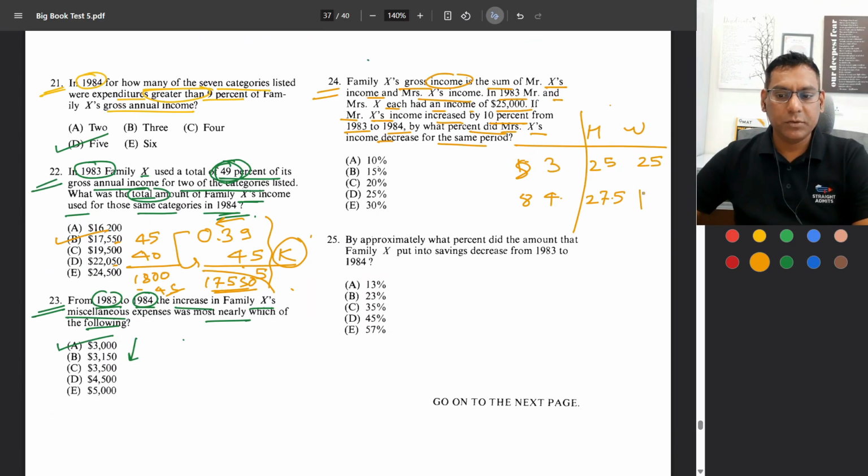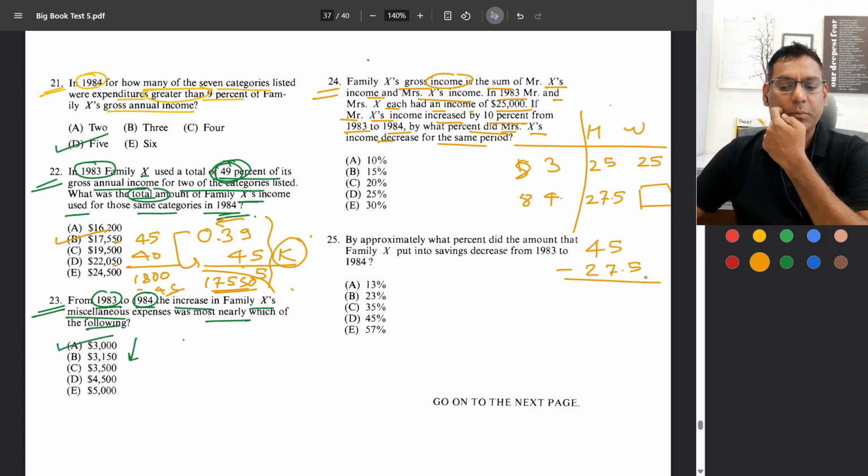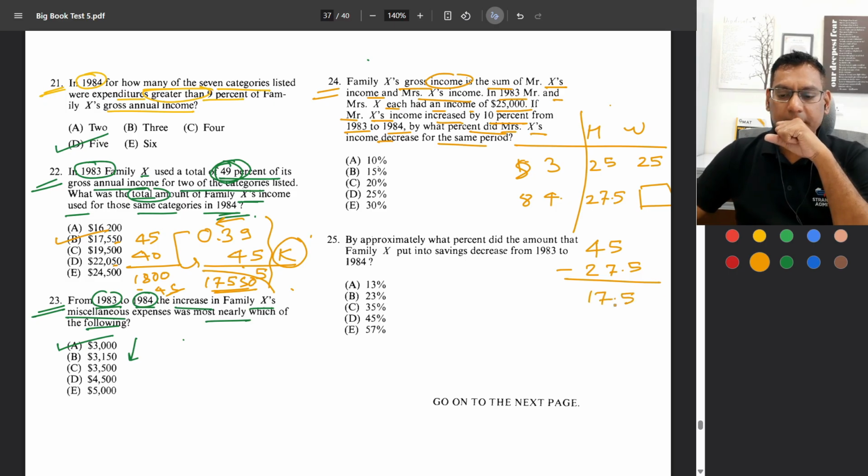So this number is $45,000 minus 27.5. Correct. So this number is going to be 17.5. Is that correct? All right. So there is a decrease. Let's just verify: 17 plus 27 is going to be 44, and this 0.5 is 1. Correct. So this number is correct.